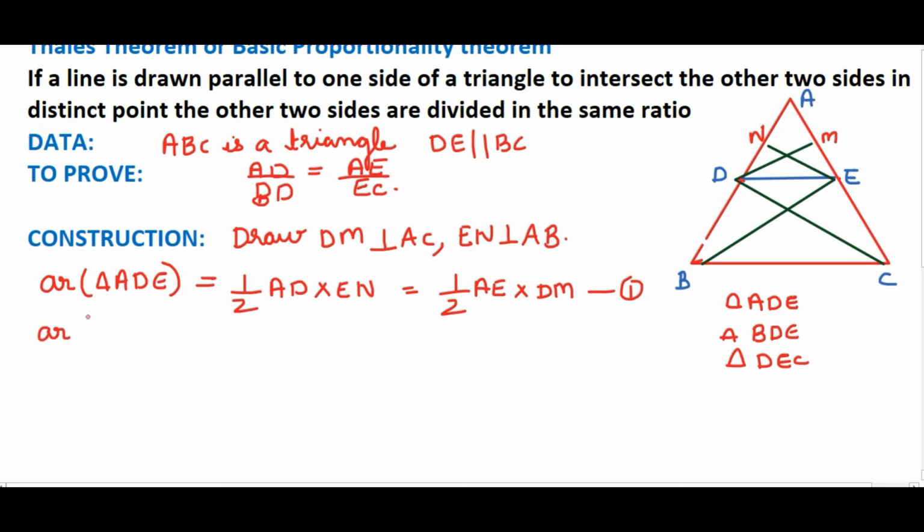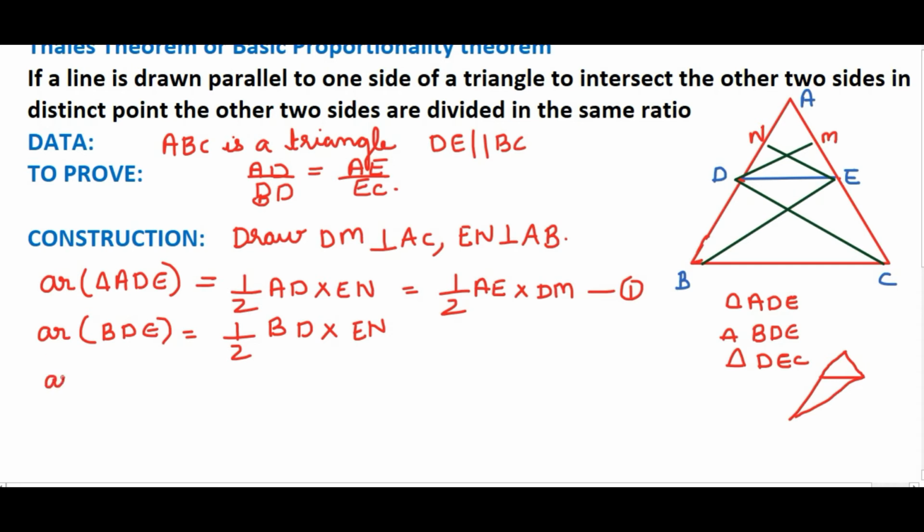Now next, area of triangle BDE, again half base into height, so BD, and height, if you consider this triangle, height of this triangle BDE is same as EN, because we have studied this is an obtuse angle triangle. So to find out this height, you need to extend this side and join to this vertex. So we can see that if you extend this and join to E, EN is the height of that triangle.